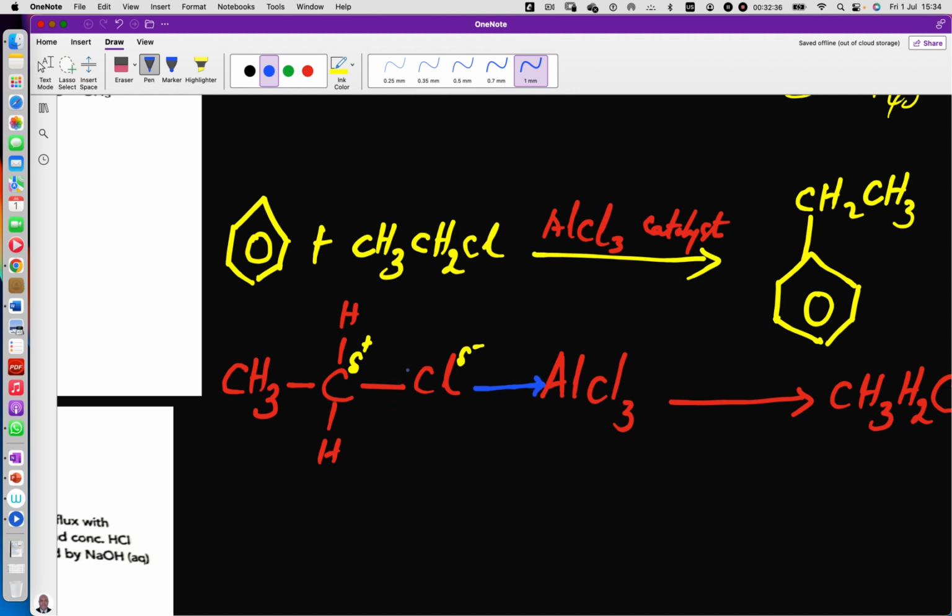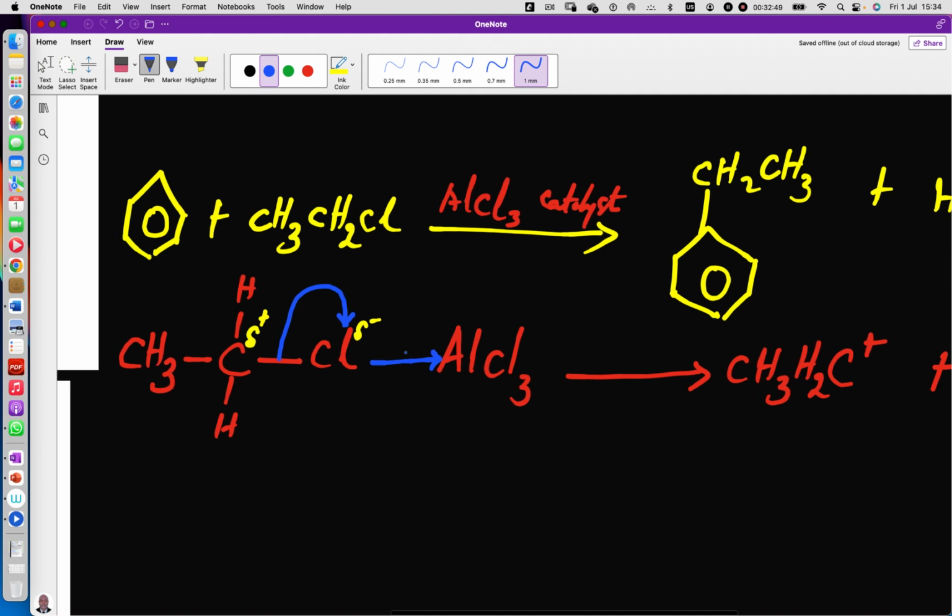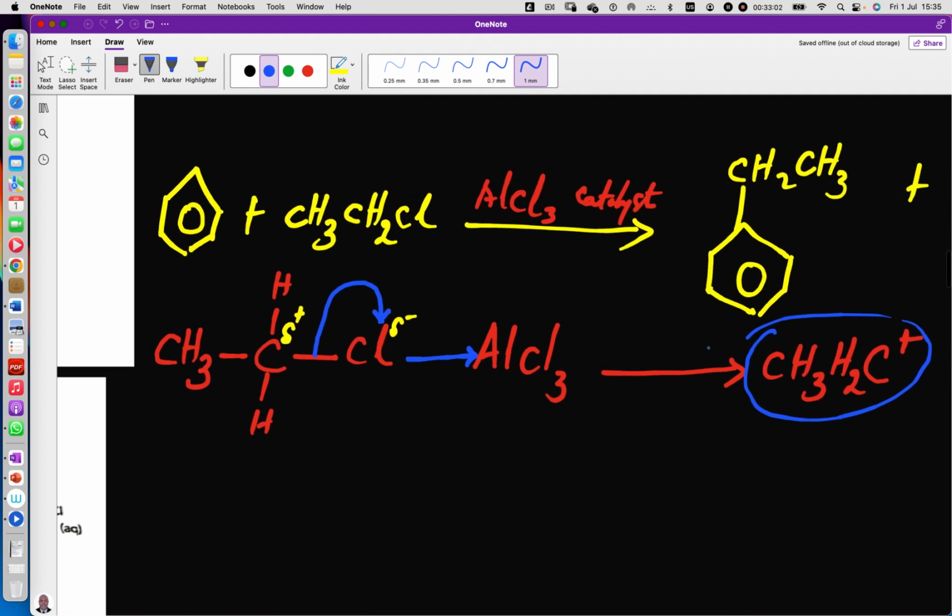There is a movement of electrons from this, and our electrophile is generated. This is our electrophile that is being generated. We call this a carbocation.